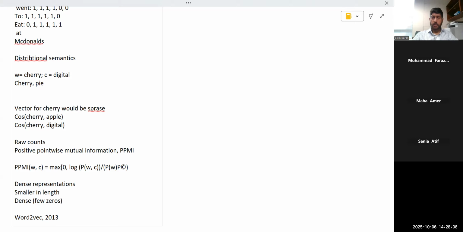And then, of course, after 2013, it became universally used for NLP processing. And of course, there are other variations as well. वो हम detail में discuss नहीं कर पाएंगे. I'll talk about them briefly after I've covered this.